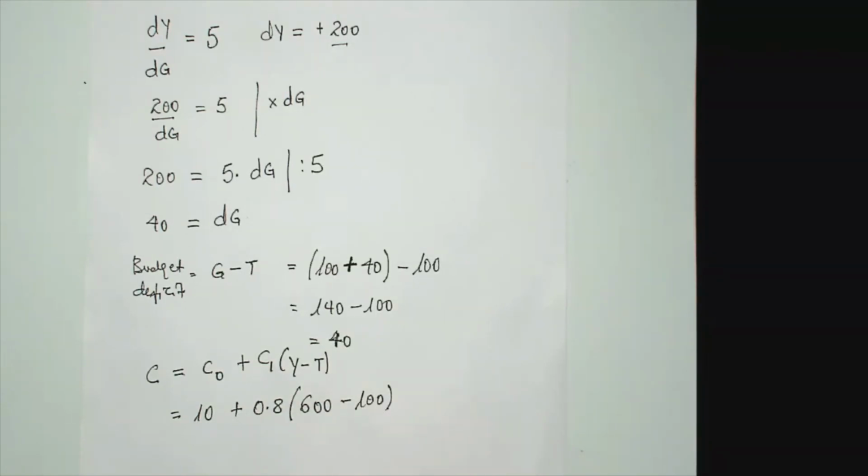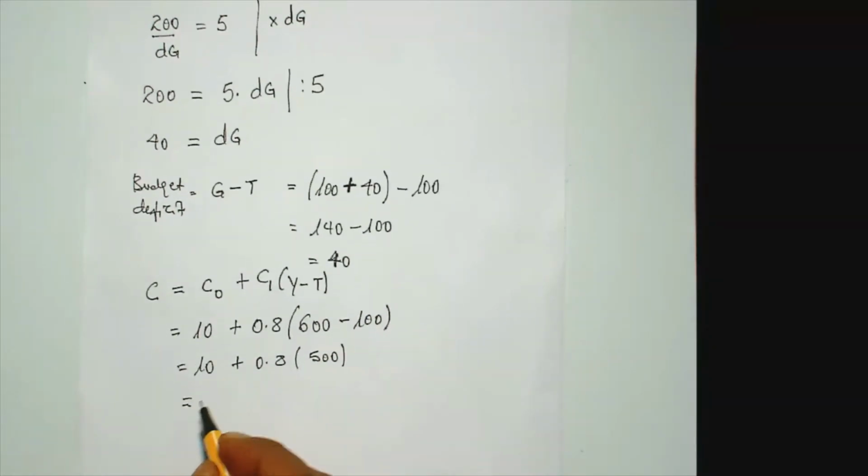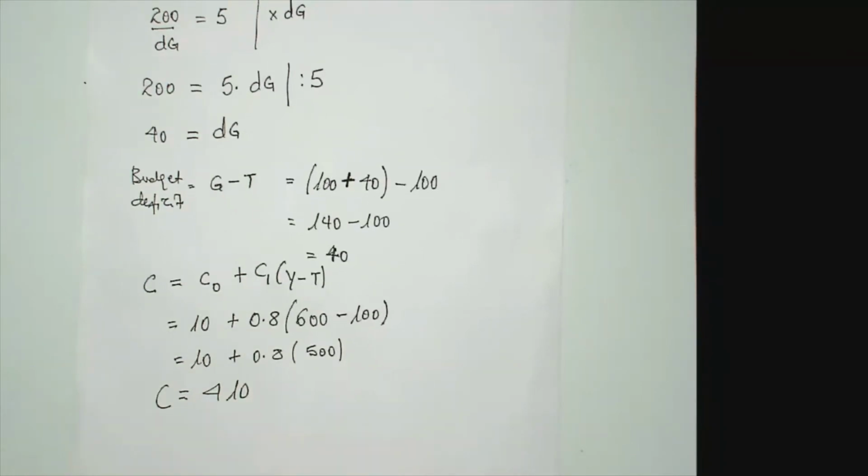Our tax remained 100. So if I do my calculation here, I would reach a value of 410 for consumption in our new scenario C.